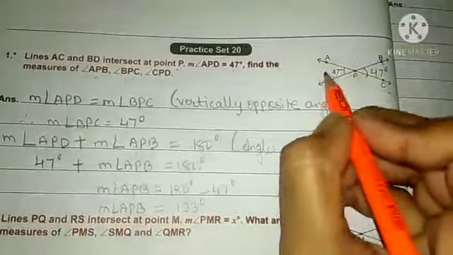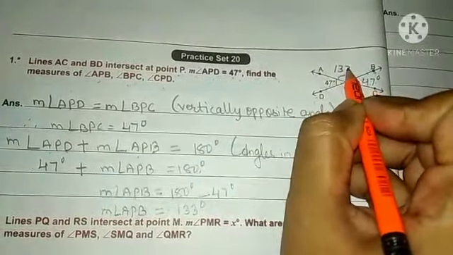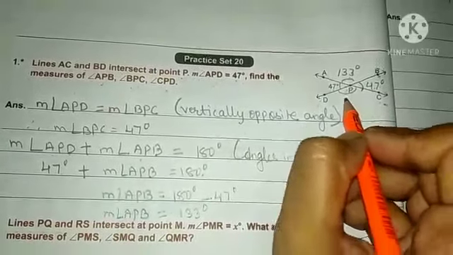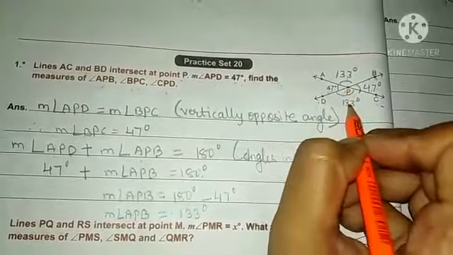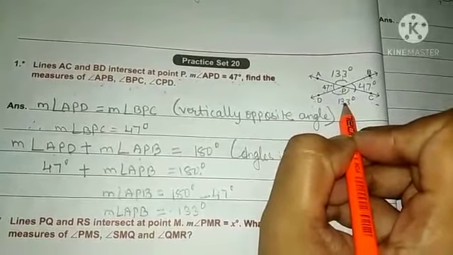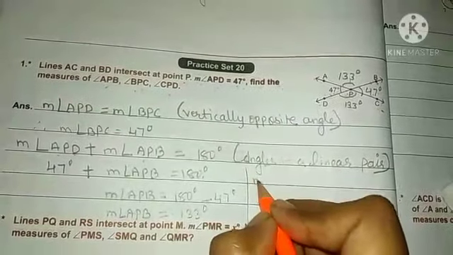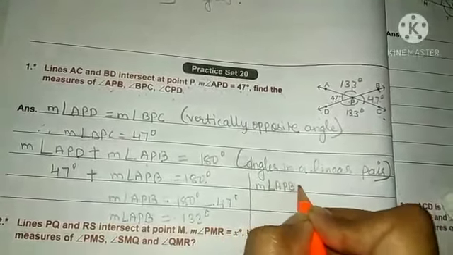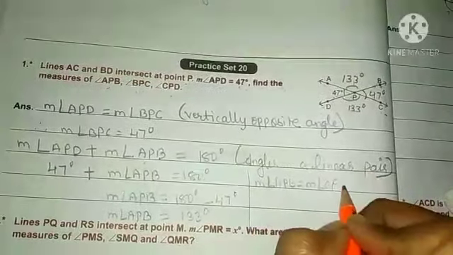So if APB is of 133 degree, what will be the measure of angle CPD? It is also of 133 degree. Why? Because vertically opposite angle. Understood? So here we will write down that measure of angle APB is equal to measure of angle CPD.